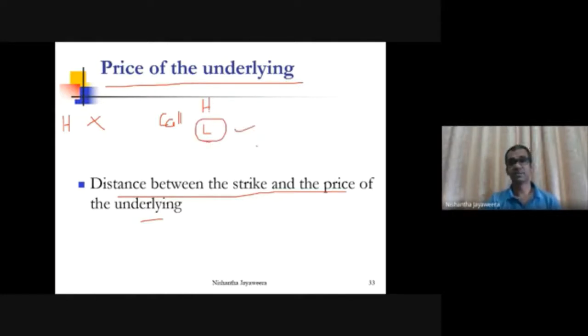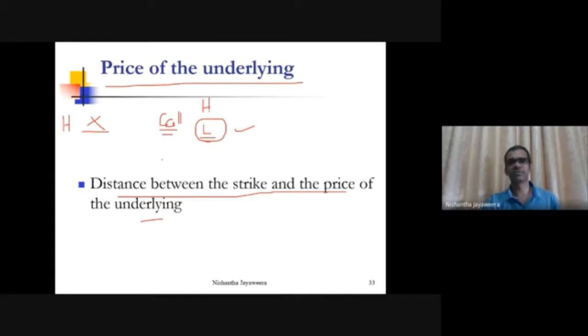The answer and the explanation both are correct. Chances of getting to that is low, therefore the premium is low. So strike and premium have a negative, inverse relationship for a call option.